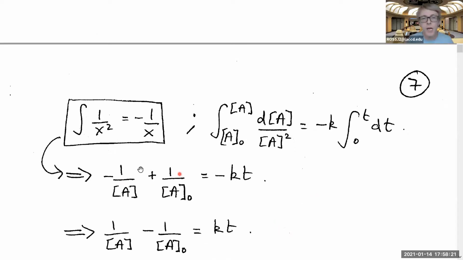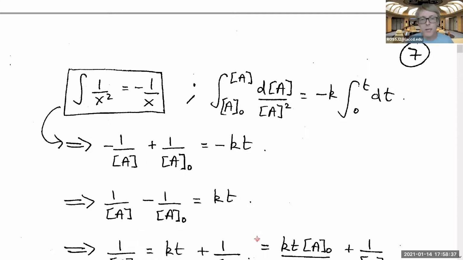Okay, we can exchange these two to make it look a bit prettier. So we've got 1 over A minus 1 over A0. Or rather, I've multiplied through here by negative 1, so all these terms are multiplied by negative 1 to give this expression here.